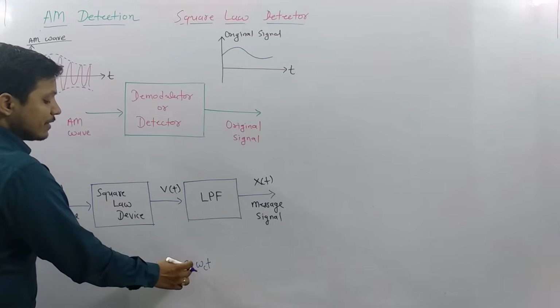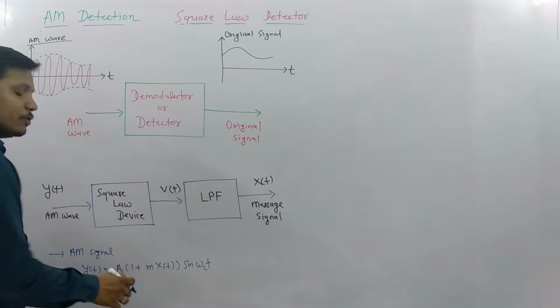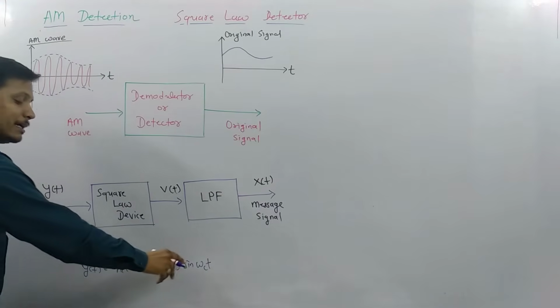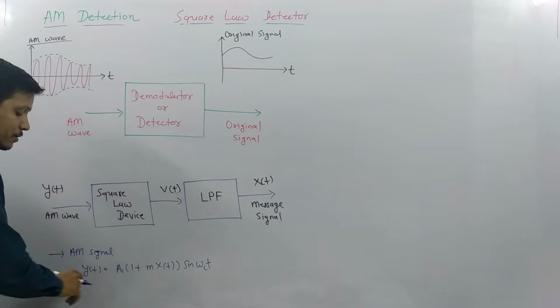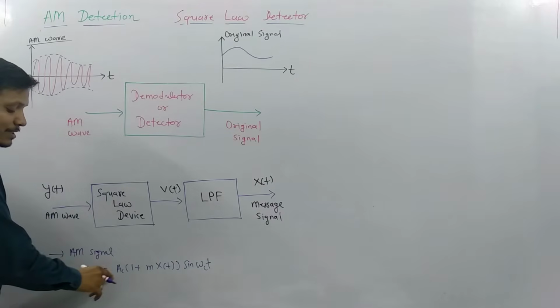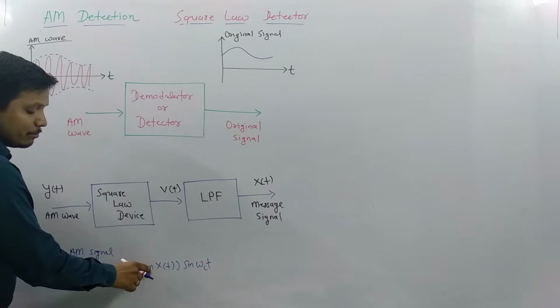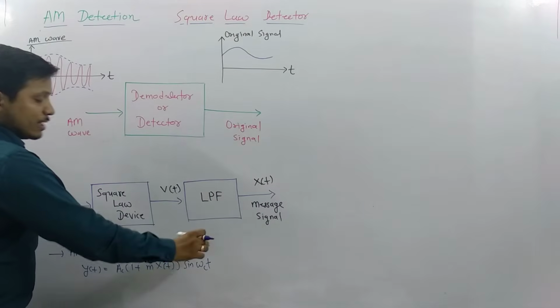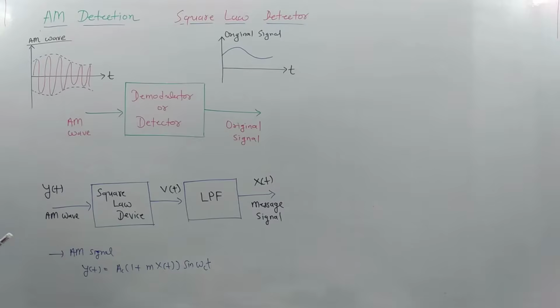In some books you will be finding it is cos omega CT. You don't need to worry about that, both are same. So you can write that in terms of sine or cos. So AM signal is what? YT is equals to AC into 1 plus modulating index into XT, and that into sine omega CT. So this is AM signal.